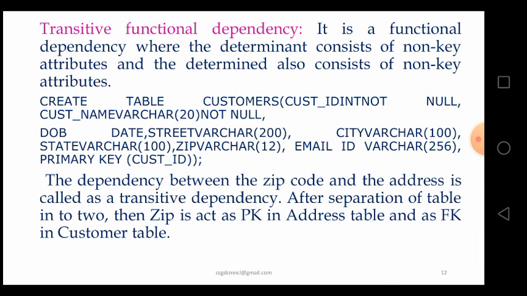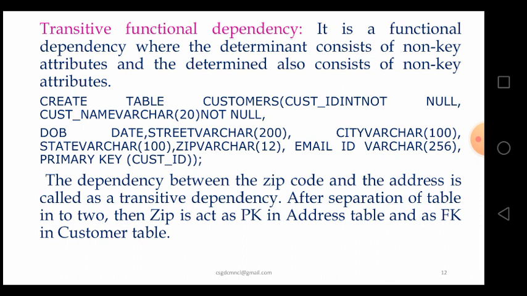After separation of the table, zip acts as the primary key in the address table and as a foreign key in the customer table. Here date, name, customer ID are the names of the variables.